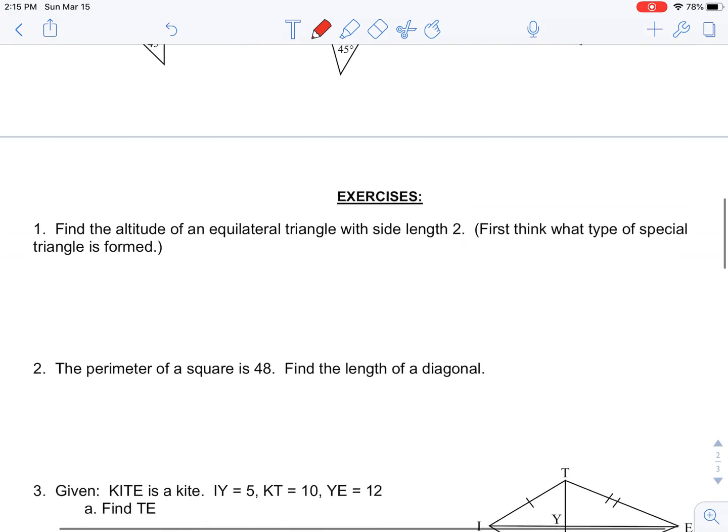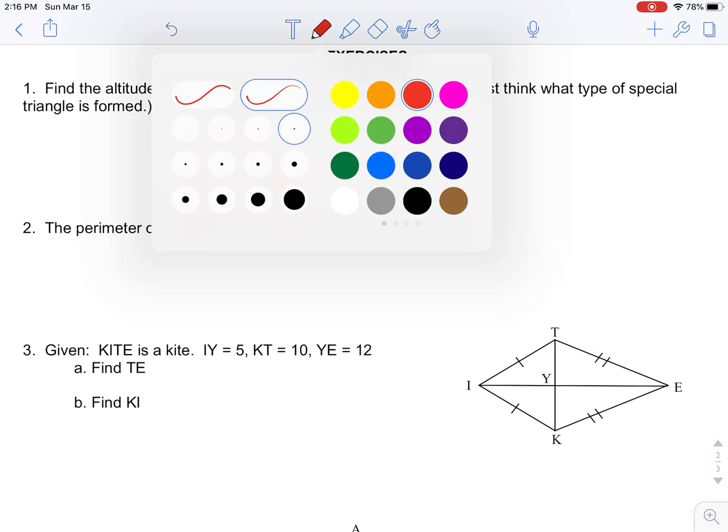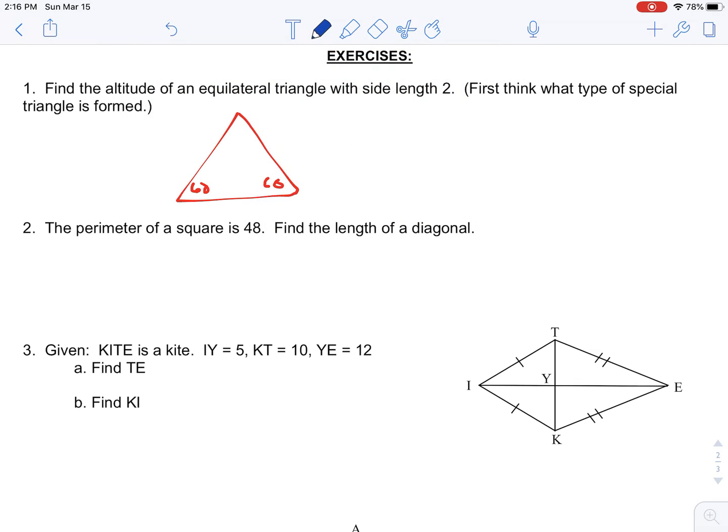If you flip over to the back side of the worksheet, the first problem here is an equilateral triangle problem. So I'm going to draw an equilateral triangle. Each angle, of course, has a measure of 60. And then it says to draw in an altitude. So I'll draw an altitude, which creates a right angle with the opposite side. Side length is 2.